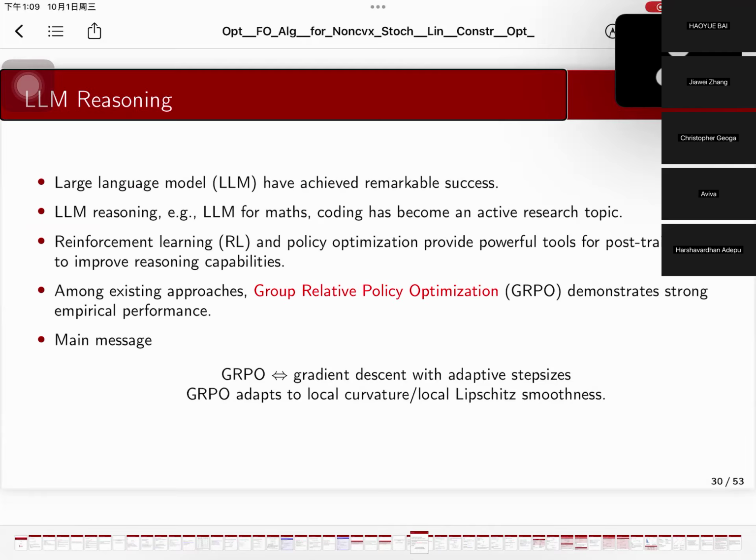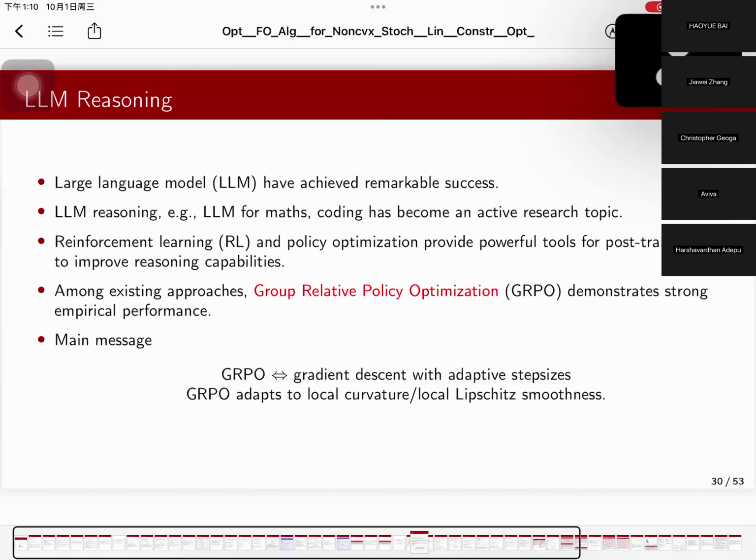Among these algorithms, GRPO, proposed by DeepSeek, has achieved very good empirical success. In this part, we will try to analyze the good behavior of GRPO. The key message is that GRPO is actually implementing an adaptive gradient descent for the policy.